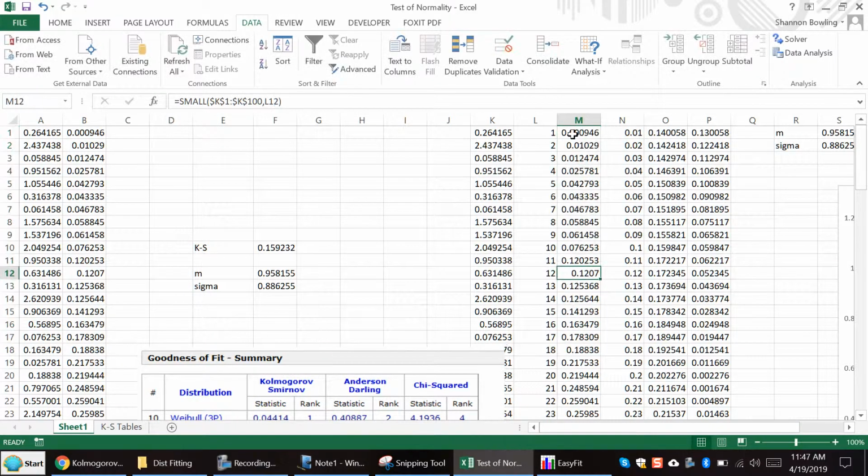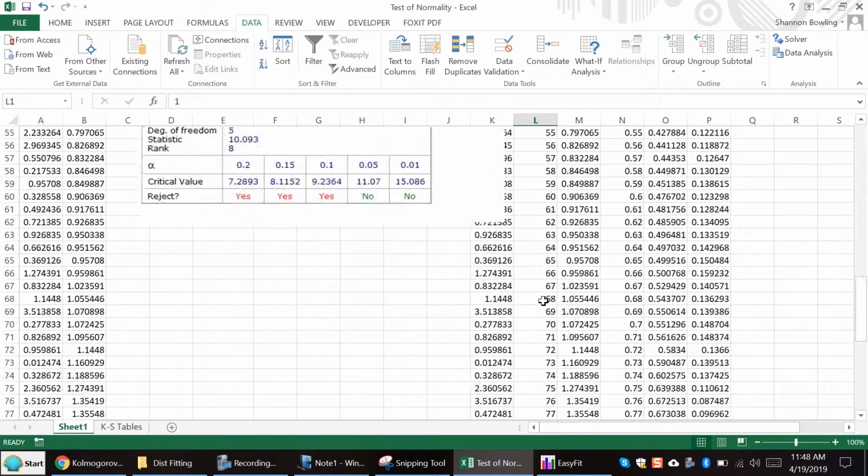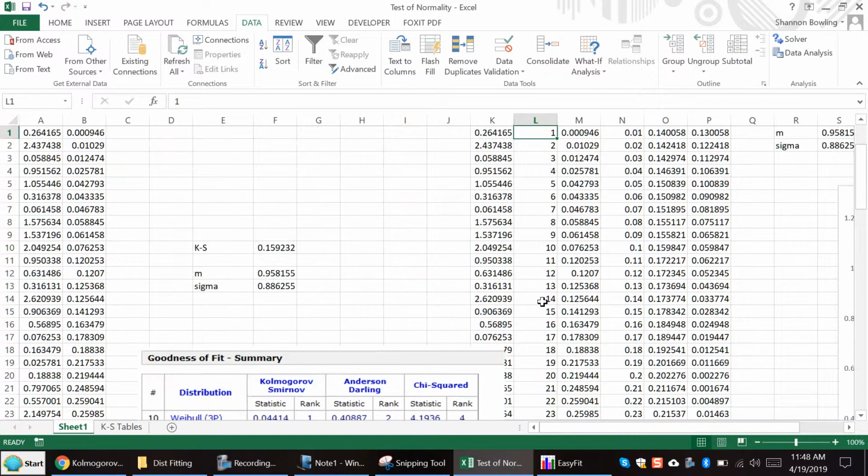But what I did, instead of sorting it, I used this function called SMALL, which just picks the nth smallest. So if you put 1, it picks the smallest value. If you put 2, it picks the second smallest value. If you put 3, it picks the third smallest value. But instead of me having to copy and paste and sort each time, I just go from 1 to 100, my data count, and I use this to sort it for me.